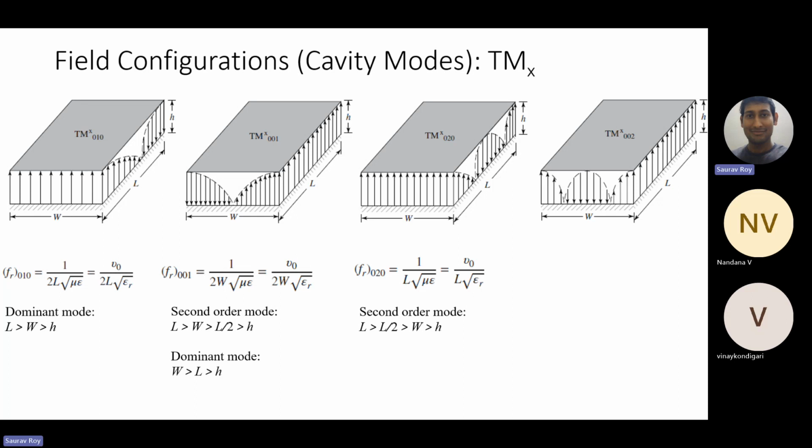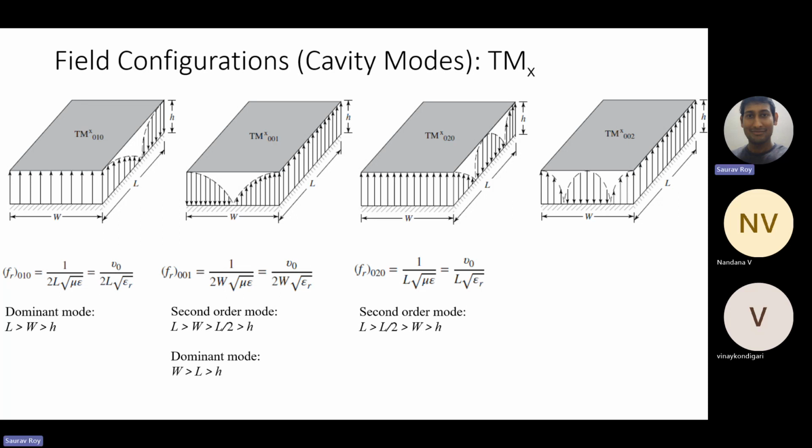Let's say the 010 mode is at 2 gigahertz, the 001 mode is at 2.5 gigahertz, and the 020 mode is at 3 gigahertz. Now if your simulation frequency band is 2.5 to 3 gigahertz, both the 001 and 020 modes will be excited.